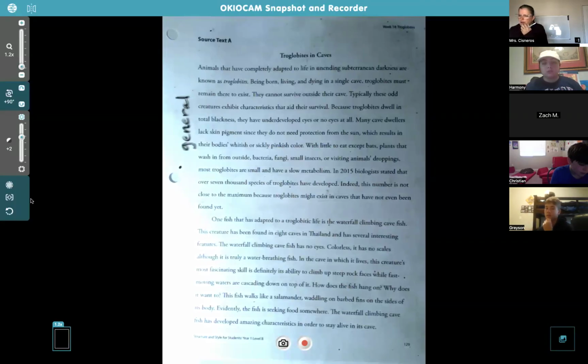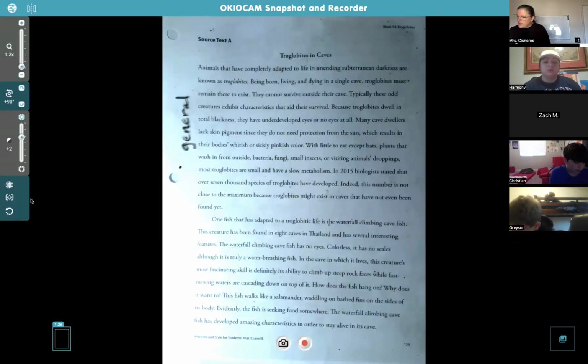You can read them out loud so we can hear what you're seeing. Eight caves, Thailand. No eyes. Colorless. Scales, good. Water breathing fish.